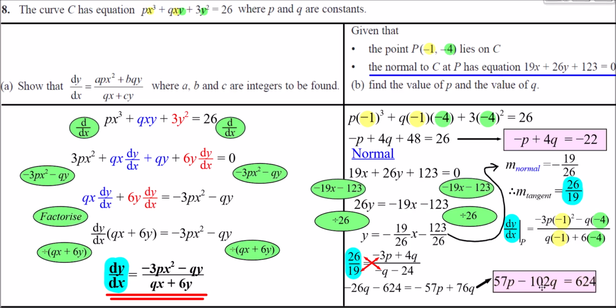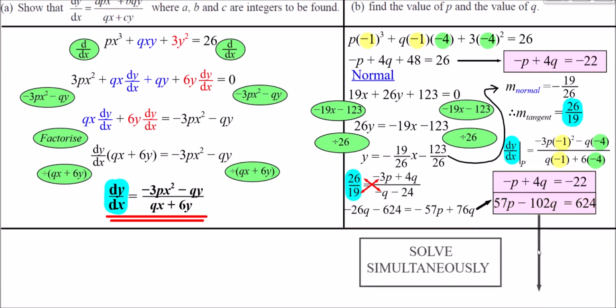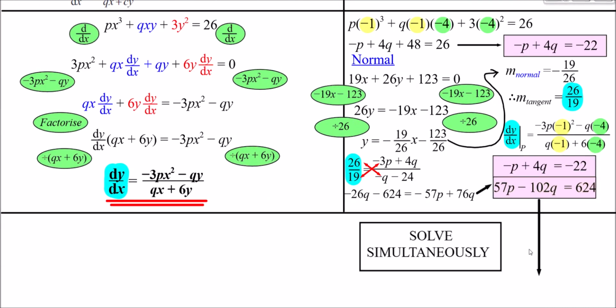So now I've got the second equation of 2, so I can solve them simultaneously. Just to make it easy, I'm going to put this one next to the second one, because almost always with simultaneous equations, you want them next to each other when you're going to solve them. So now, all we need to do is solve these simultaneously.